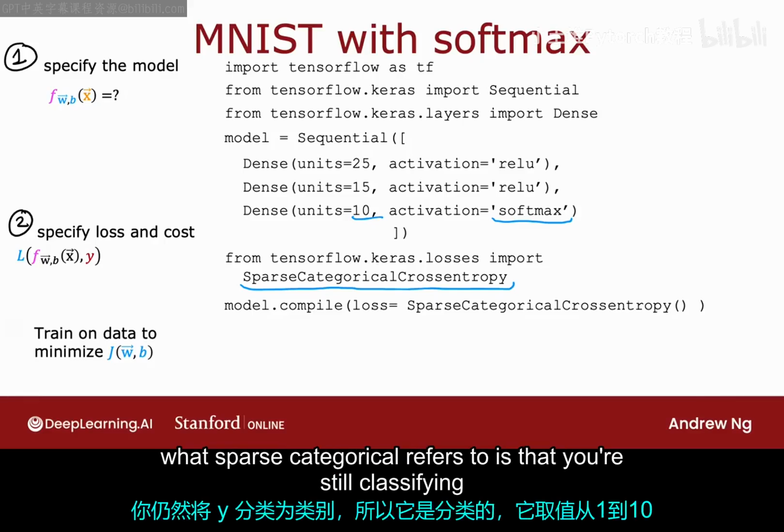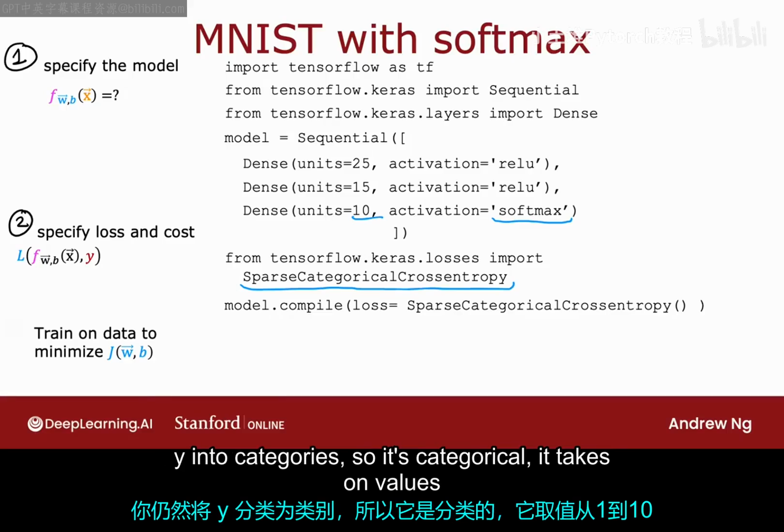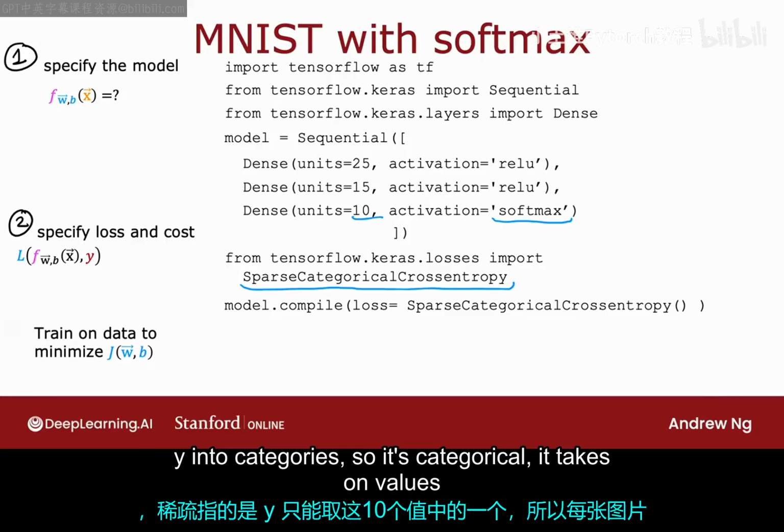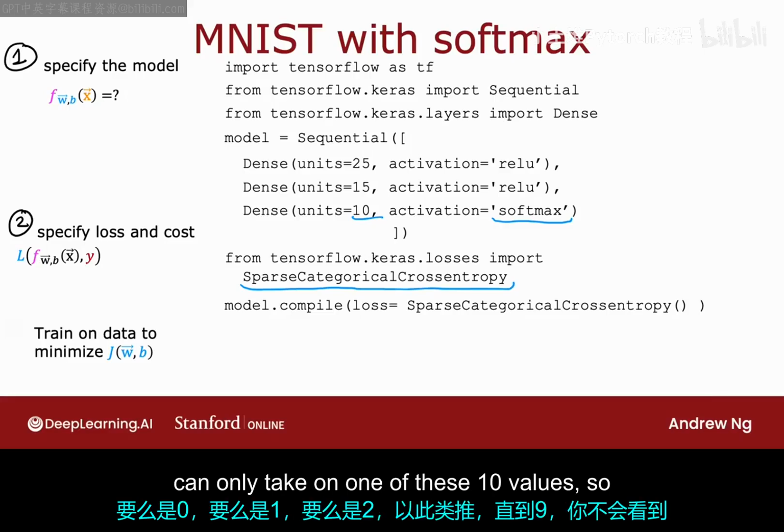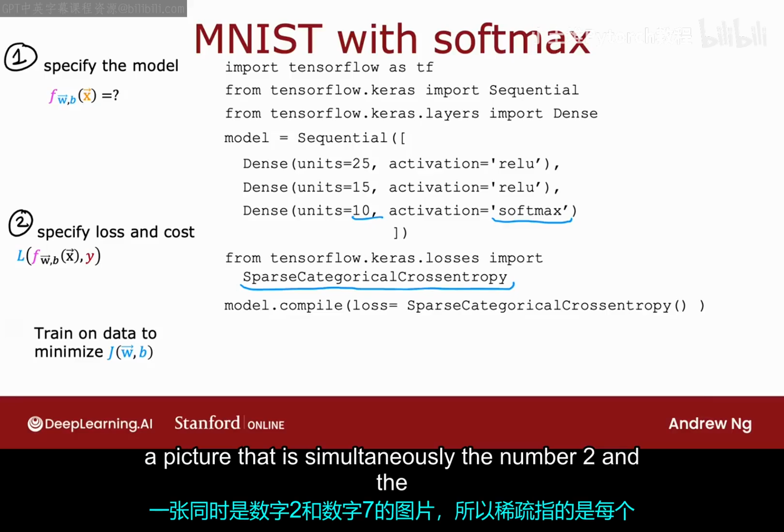And what sparse categorical refers to is that you're still classifying Y into categories. So it's categorical. It takes on values from 1 to 10. And sparse refers to that Y can only take on one of these 10 values. So each image is either 0 or 1 or 2 or so on up to 9. You're not going to see a picture that is simultaneously the number 2 and the number 7.